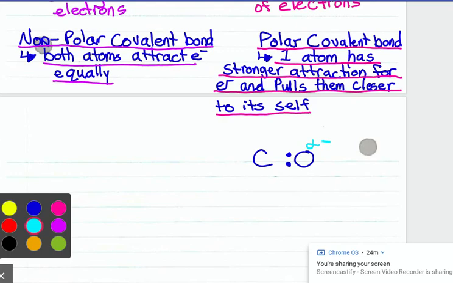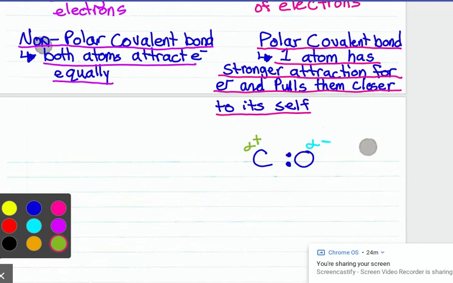So oxygen becomes partially negative because the electrons are closer to the oxygen. It's not a complete transfer, so it's not a complete negative charge. But the carbon, who now has kind of lost some electrons, becomes partially positive.